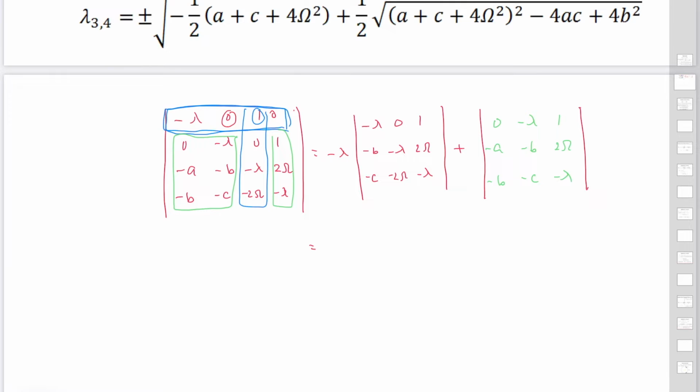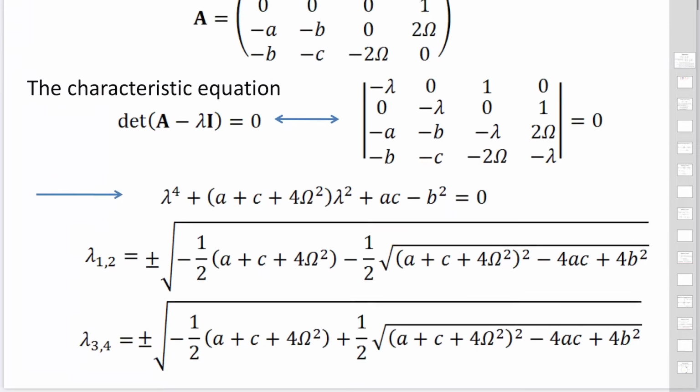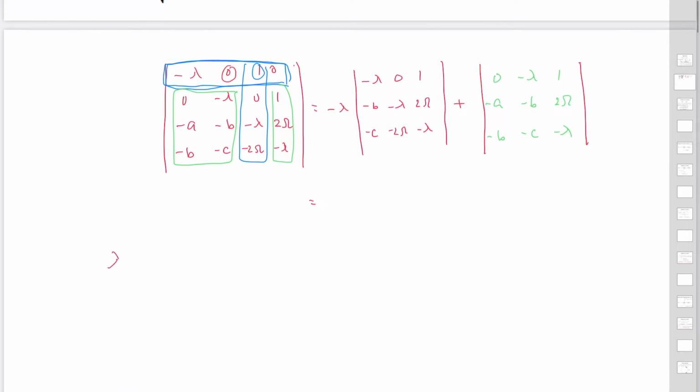Then finally you will get for this equation lambda to the fourth plus (a plus c plus 4 omega squared) lambda squared plus ac minus b squared equals 0. So this equation equals 0, exactly equal to this one.